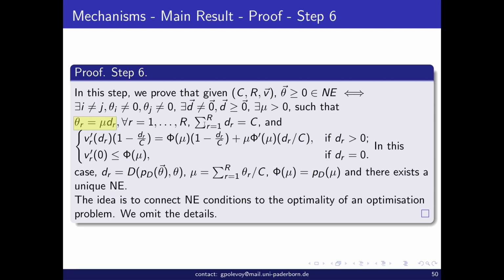For any player, the sum of the d's is exactly the resource. And there is a condition, it's quite confusing, where d_r denotes what player gets according to d. U is exactly the thing for the price because it's the sum of the bids divided by the capacity. And T is the price solution.